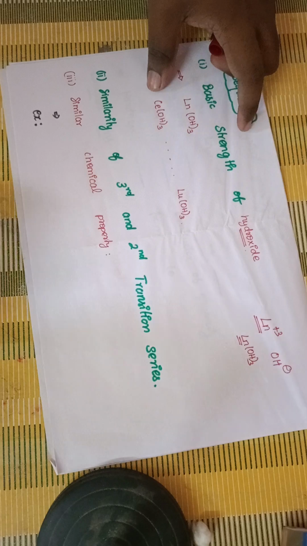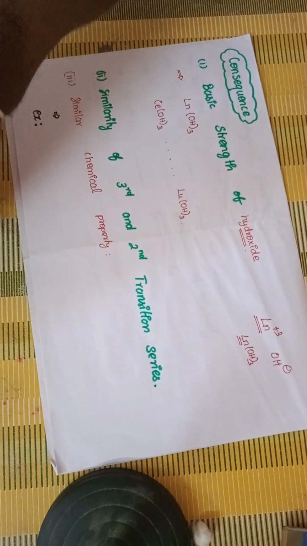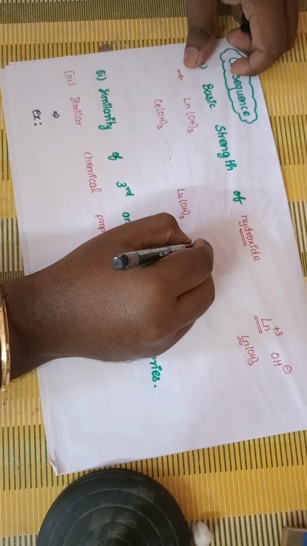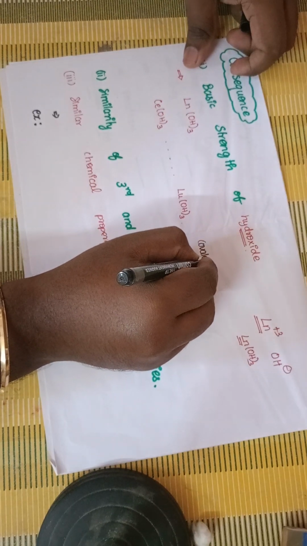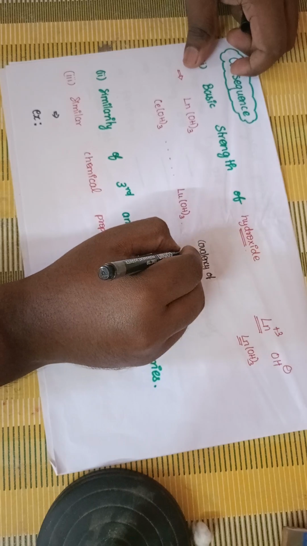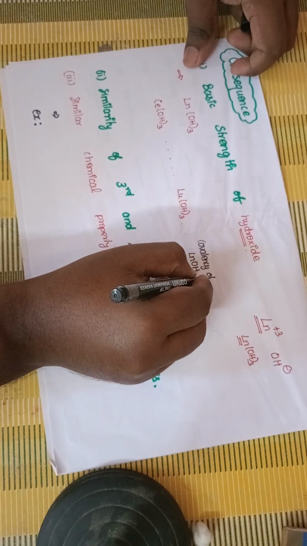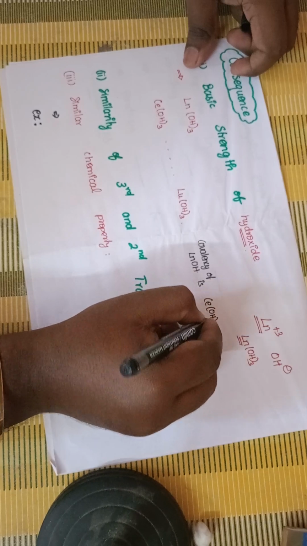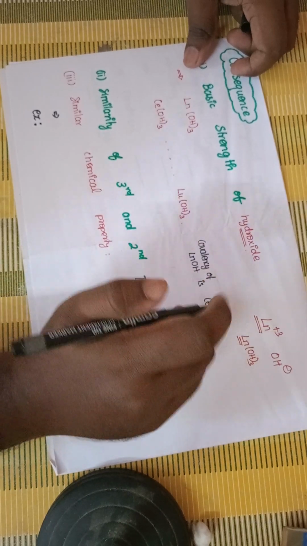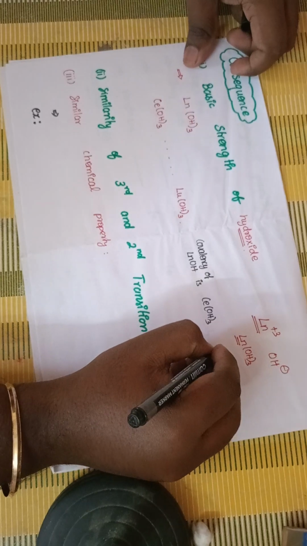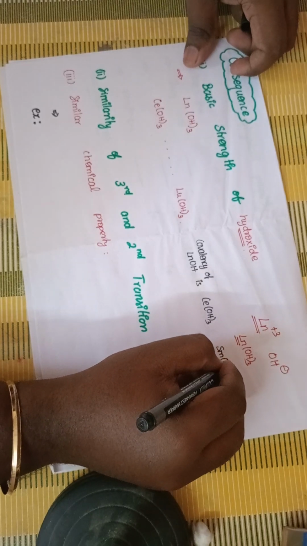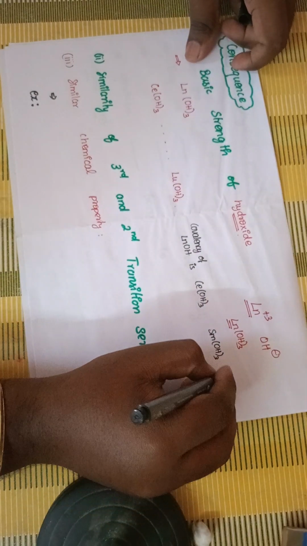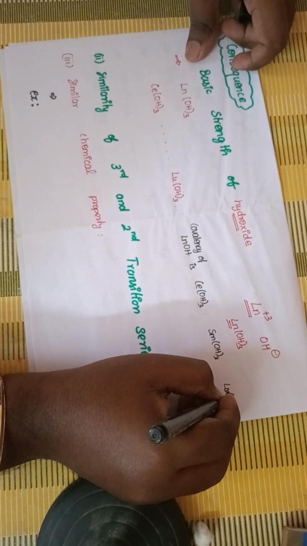So the covalency of Ln(OH)3: cerium hydroxide, and randomly I take samarium hydroxide, then lastly lutetium hydroxide.